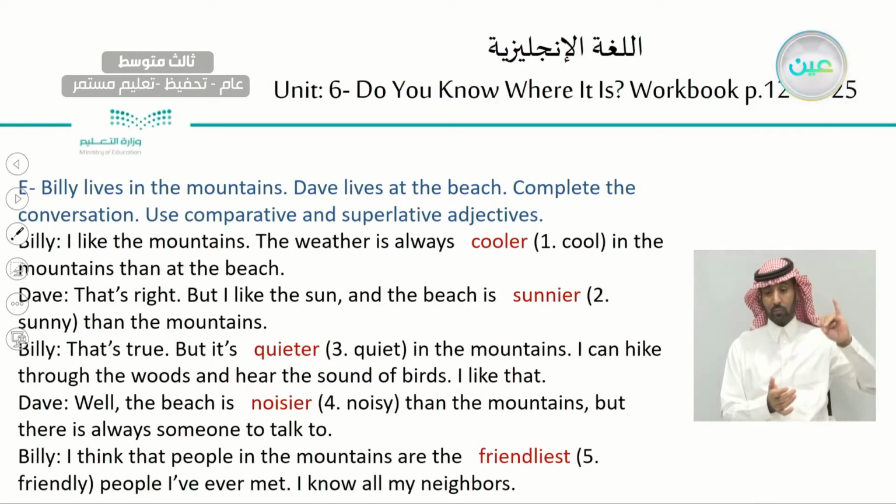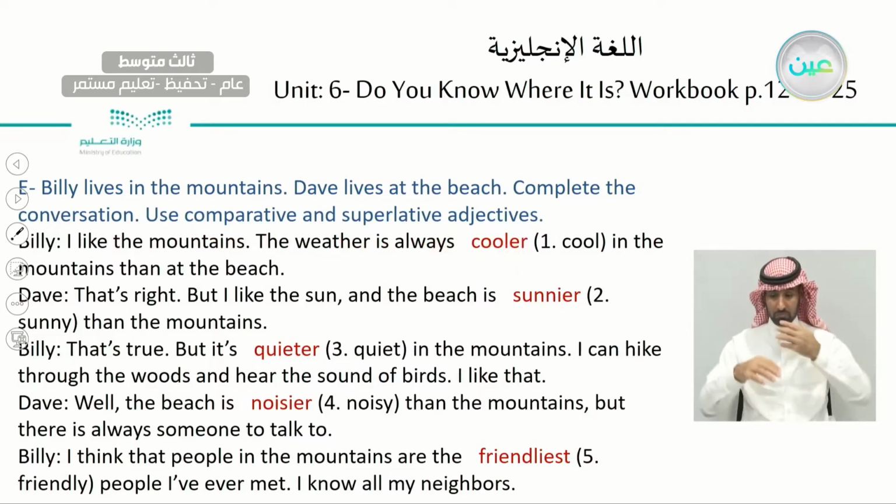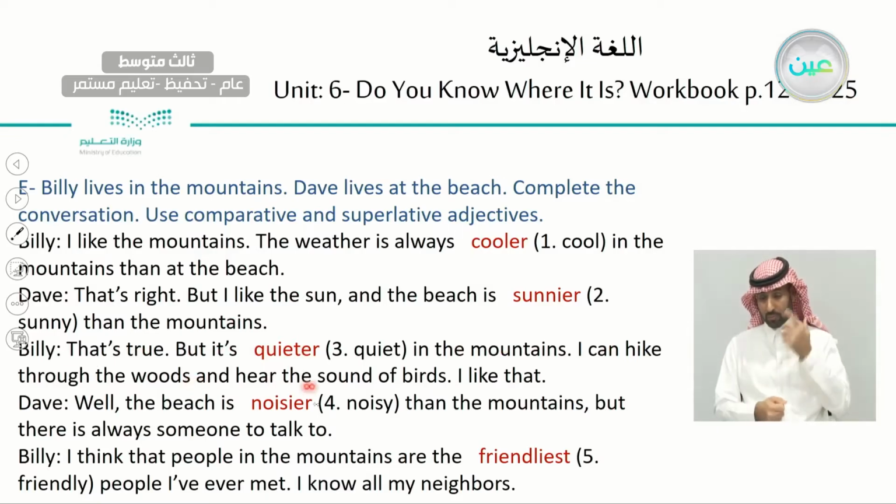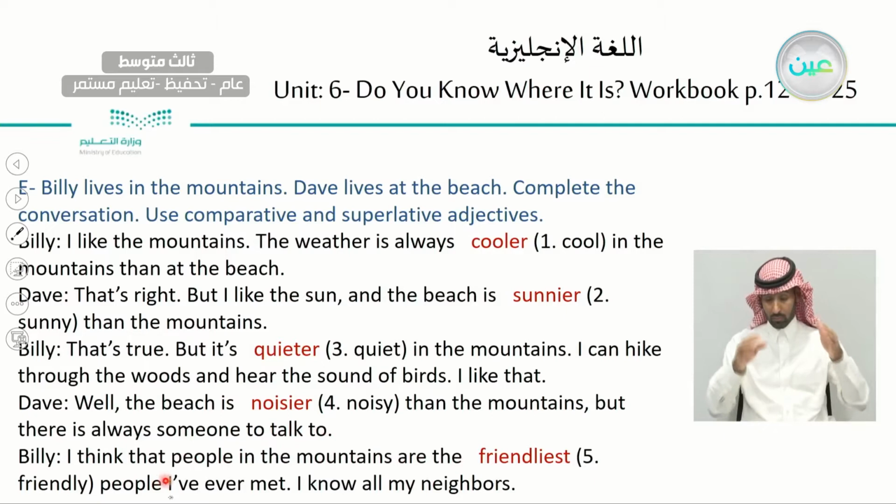Billy: I like the mountains. The weather is always cooler in the mountains than the beach. Dave: That's right, but I like the sun and the beach is sunnier than the mountains. Billy: That's true, but it's quieter in the mountains. I can hike through the woods and hear the sounds of birds. I like that. Dave: Well, the beach is noisier than the mountains, but there is always someone to talk to. Billy: I think that people in the mountains are the friendliest people I've ever met.